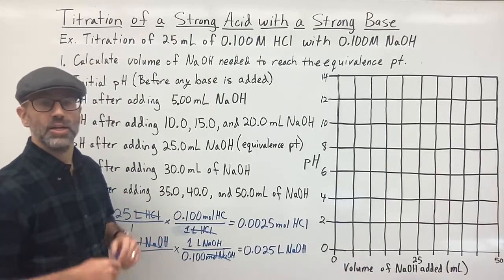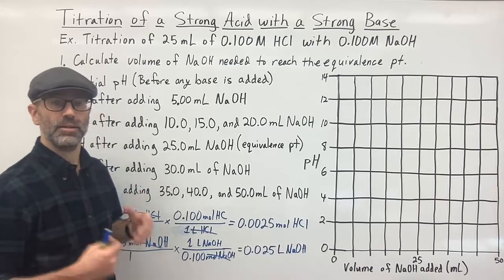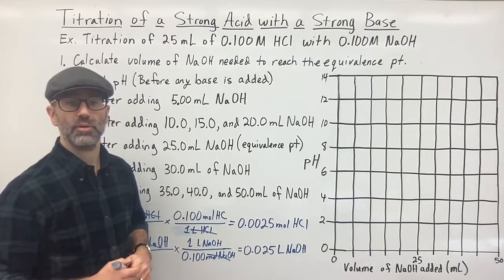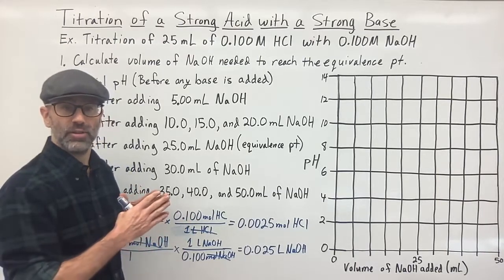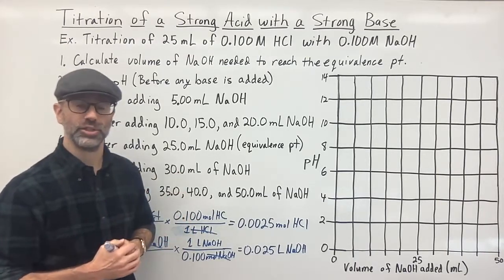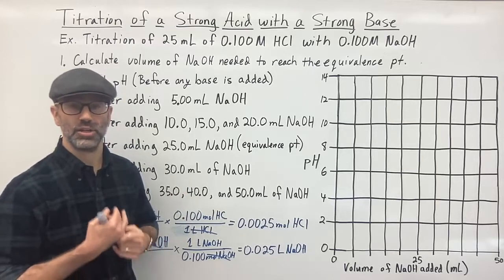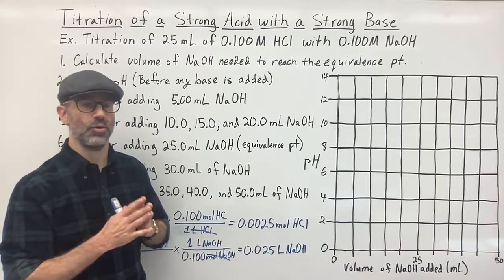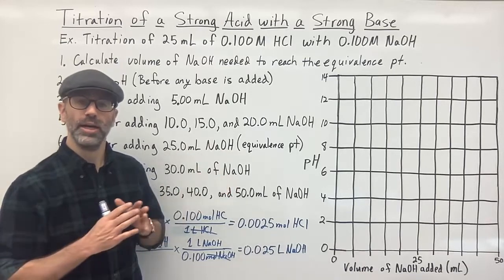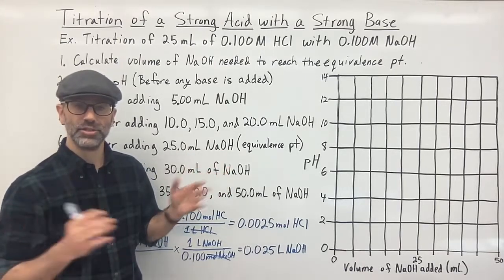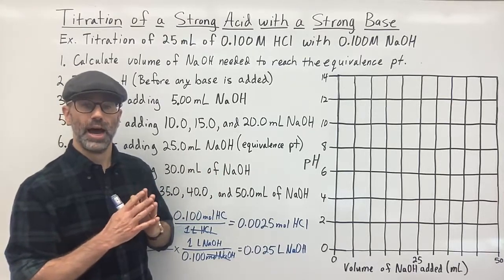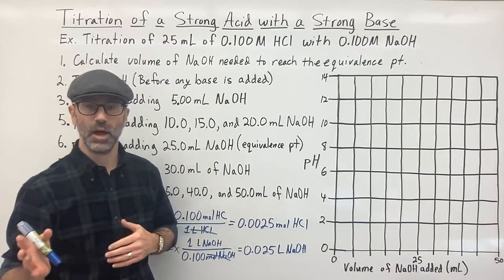Since our solution that we are starting with is a strong acid, that means that the H plus concentration is going to be equal to the concentration of the acid itself. Because remember, a strong acid is going to ionize completely in water, where it's 100% ionization. So all of the molecules of HCl will ionize into H plus and Cl minus.